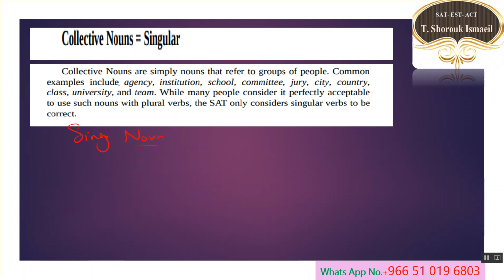When I say agency, institution, school, committee, jury, city, country, class, university, team, it's only one word talking about one group, but this word has a group of people inside. In SET, we deal with collective nouns as being singular.